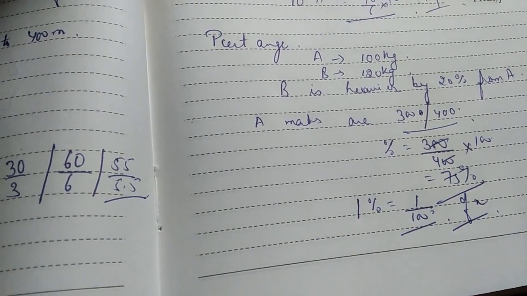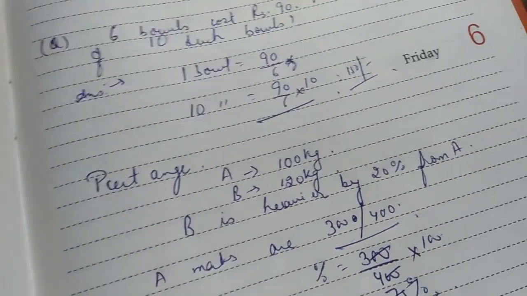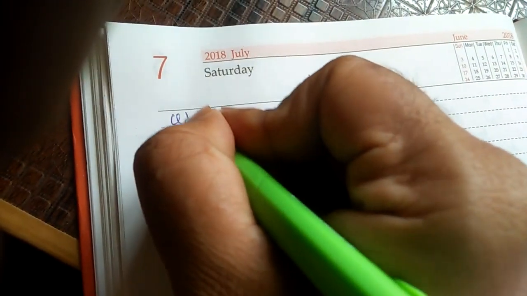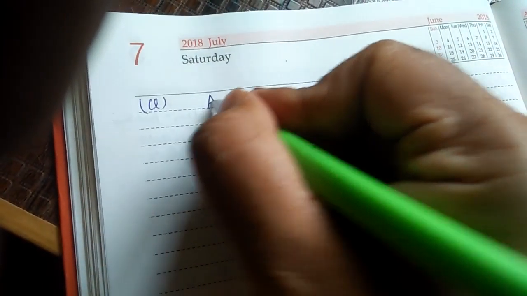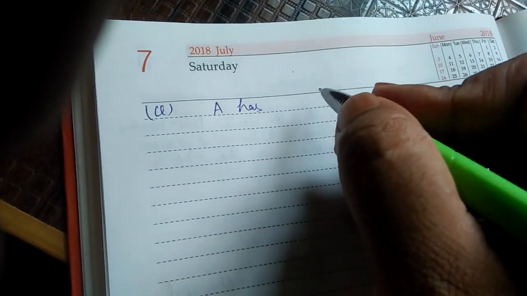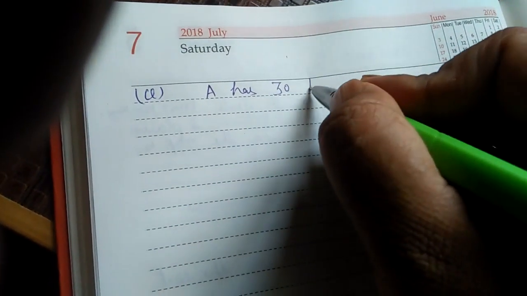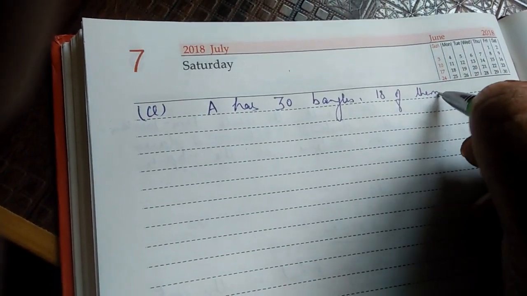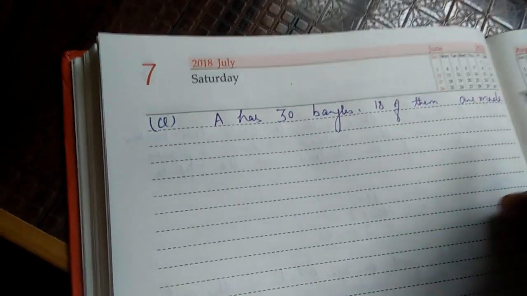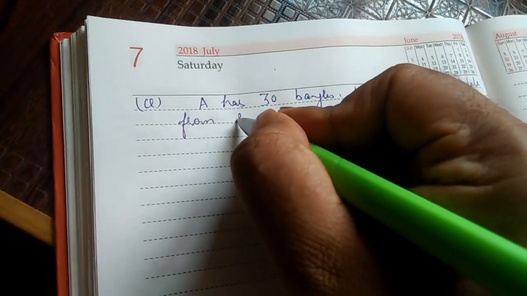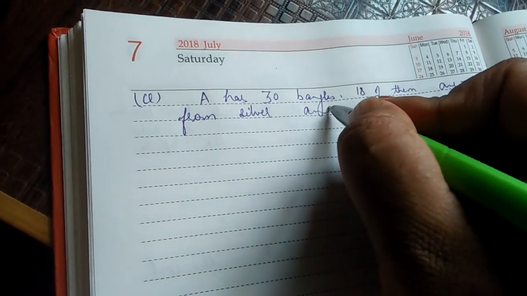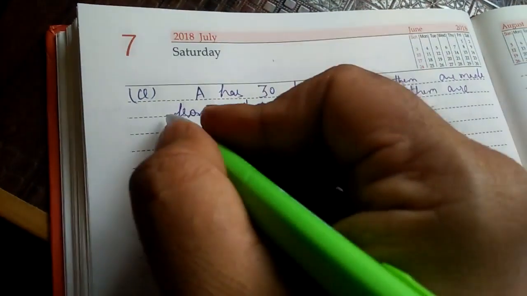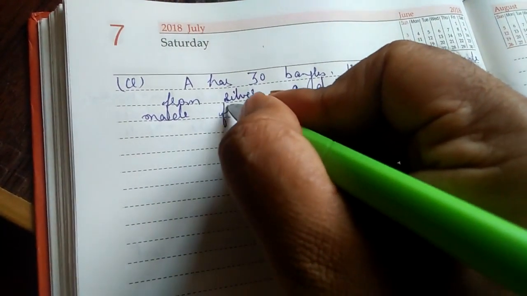So now let's move on. So let's solve a question on the basis of this. A has 30 bangles. 18 of them are made from silver and 12 of them are made from copper.